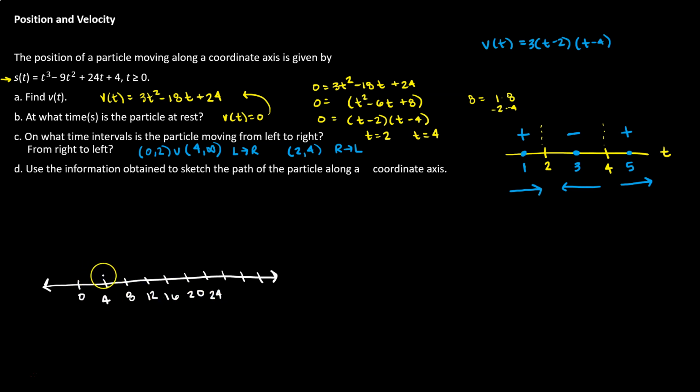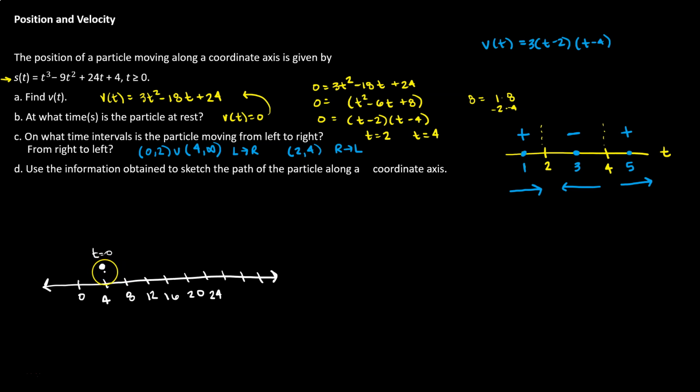So at t equals 0, our particle is at 4. It continues to move forward until we get to t equals 2. So from t equals 0, we move forward until t equals 2. And we move forward, landing at the spot where s of 2 equals.